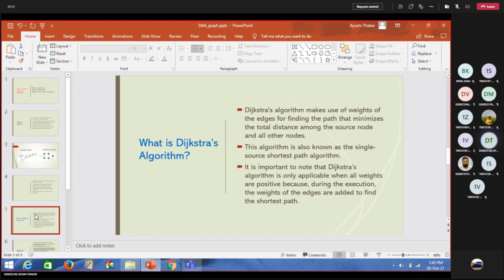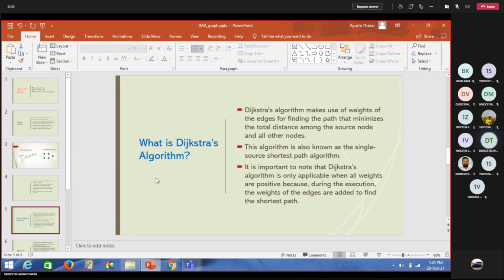Dijkstra's algorithm makes use of the weights of the edges for finding paths that minimize the total distance between the source node and all other nodes. This algorithm is also known as the single source shortest path algorithm.